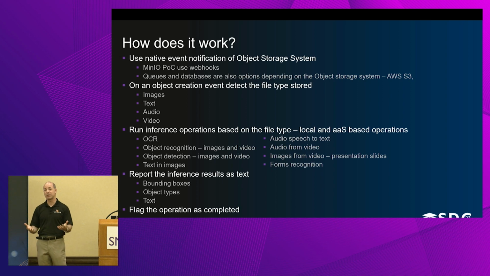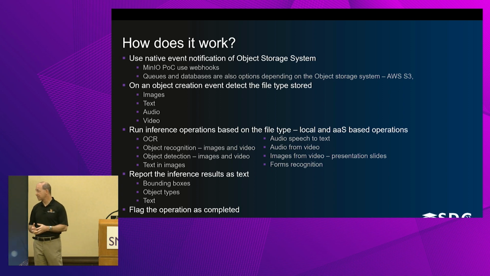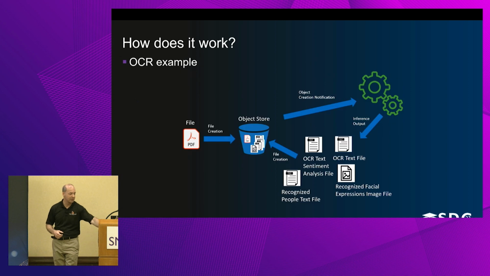That's great for showing people, but it's not great for searching. So we take all of that information and we just output it as text. And we've started wrapping that text in more structured formats like JSON, so it becomes more searchable for standard tools that can do search off the shelf, things like Elasticsearch and OpenSearch, right? And then, like I said, we flag the operation, and that's important for systems things.